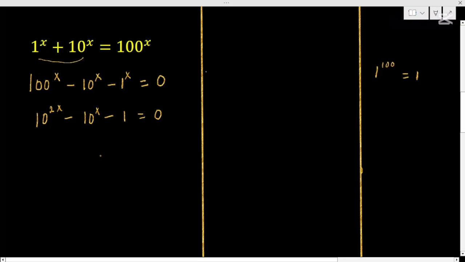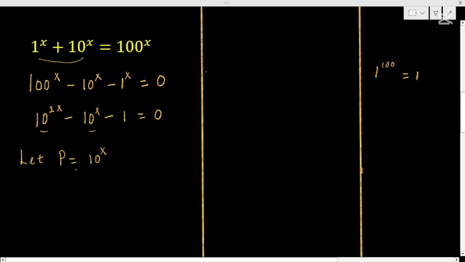You can observe that here we have the same base, but the power of this 10 here is twice the power of this 10 here. And whenever we have a situation like this, we use the substitution method. So what do we say? We can now say let P be equal to 10 raised power x.